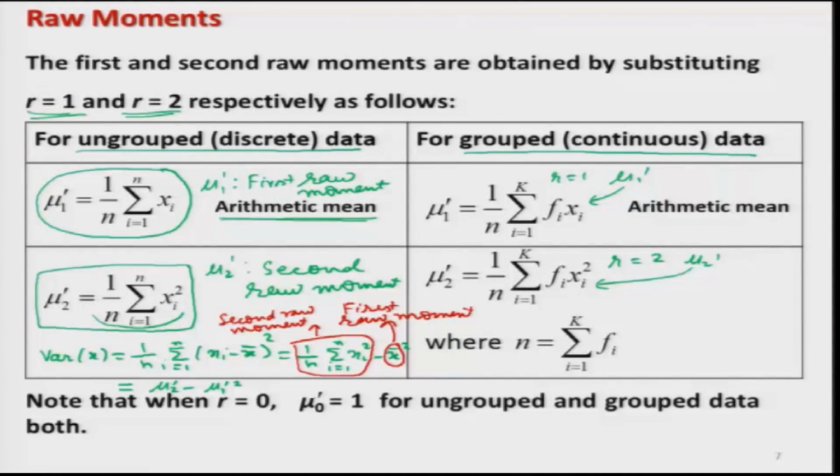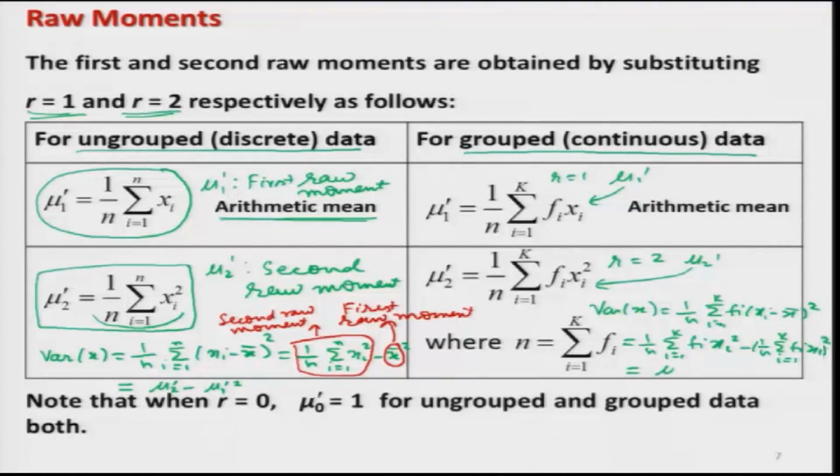This also has the same interpretation: the variance of x, we had defined as 1 upon n summation i goes from 1 to k f i x i minus x bar whole square, which we denoted as 1 upon n summation f i x i square minus 1 upon n summation f i x i whole square, i goes from 1 to k.